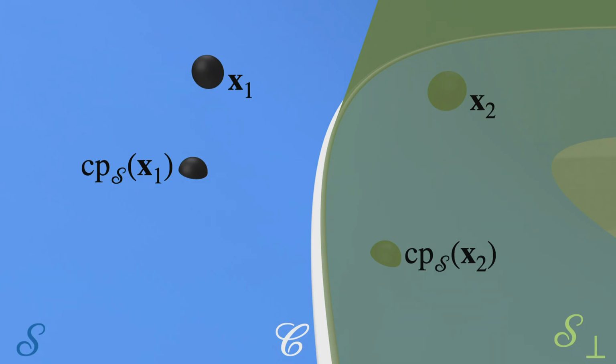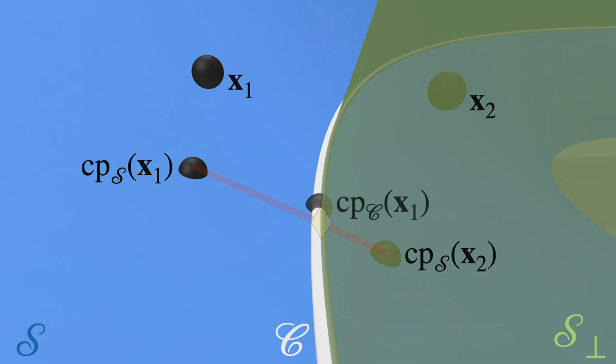So to successfully apply our approach, we must be able to tell if two closest points are on opposite sides of S-perp, this green normal manifold. So if you consider 2 points x1 and x2 with corresponding closest points CPS, a naive thing would be to see if this line segment intersects with some explicit representation of S-perp, like build a mesh of the green normal manifold, and then check to see if there's an intersection.